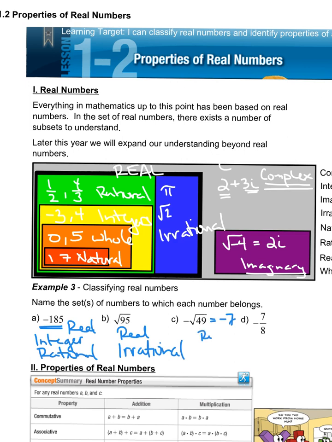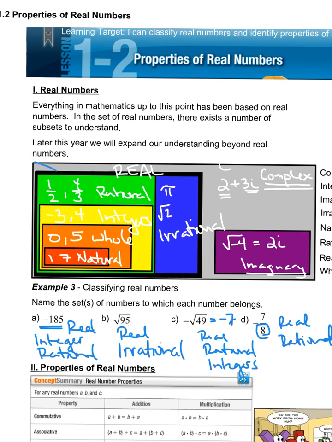Negative 7 is a real number, which is also rational, and it is an integer. And then finally, D, negative 7/8. Well, hopefully you all notice that number 1, it is a real number, and number 2, it is a rational number. It is not an integer, it is not a whole number, it is not a natural number because the denominator is not 1.